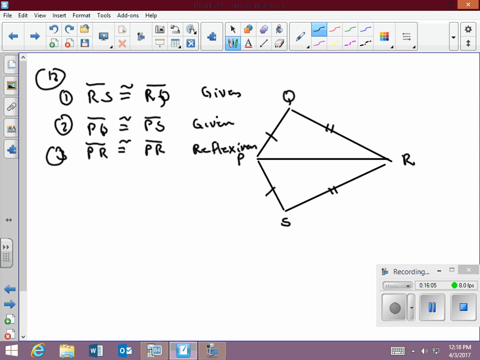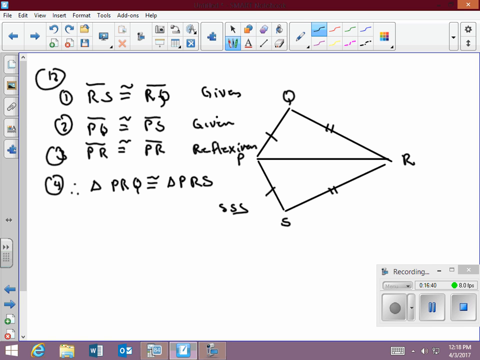Therefore, triangle PRQ is congruent to triangle PRS by side, side, side. Three sides congruent to three sides.